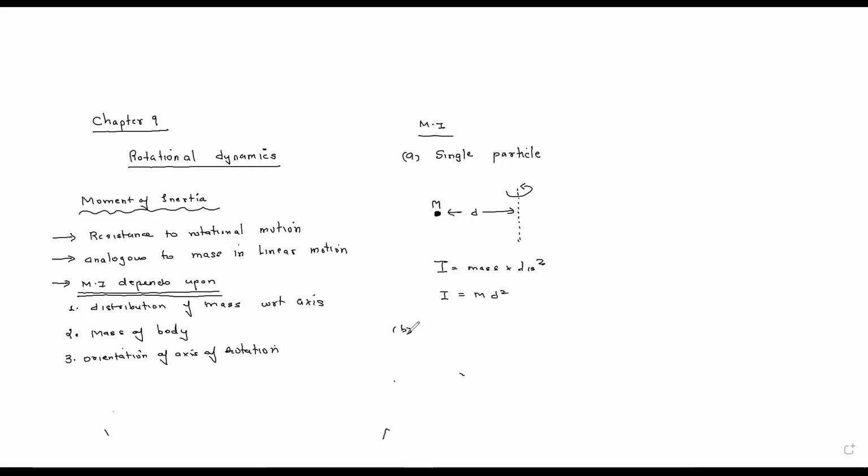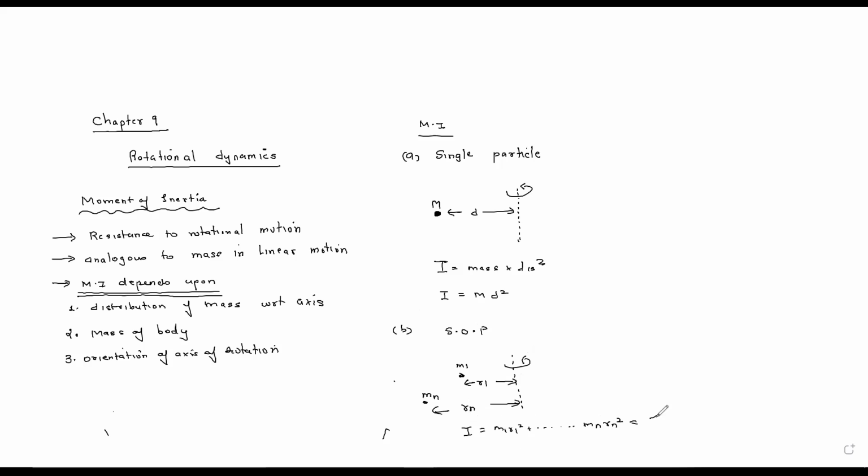If I ask for a system of particles, there are masses m1 at r1, similarly mn at rn. Moment of inertia will become m1 r1 square plus and so on up to mn rn square.